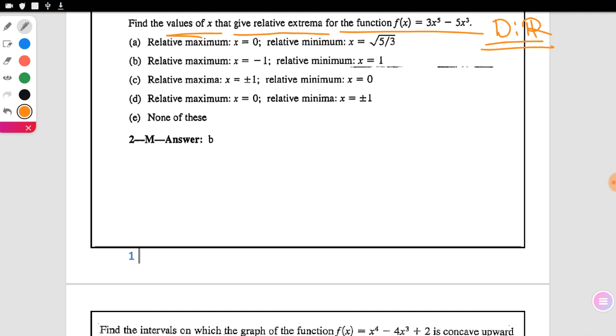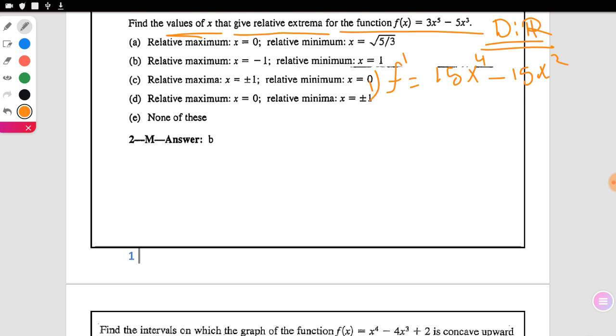We can use the first derivative test or the second derivative test. Here, I'll use the first derivative test because all of you know how to use it well. Find the first derivative. Here it will be 15x to the power 4 minus 15x to the power 2.